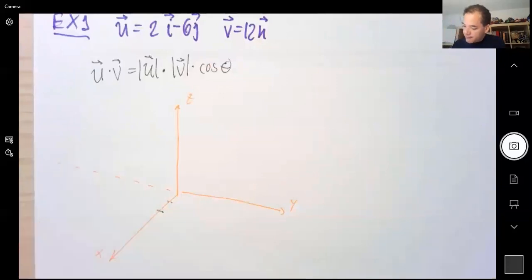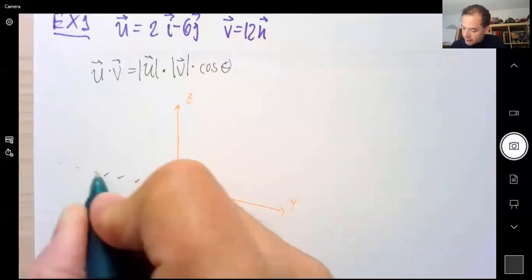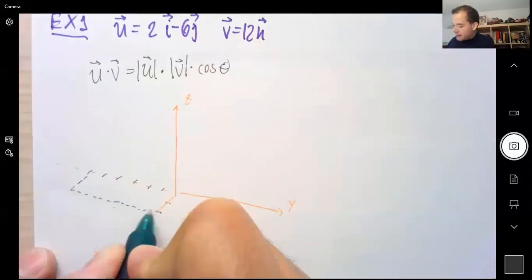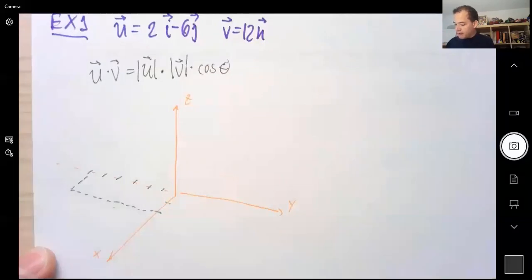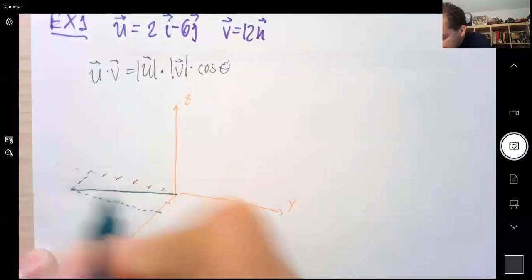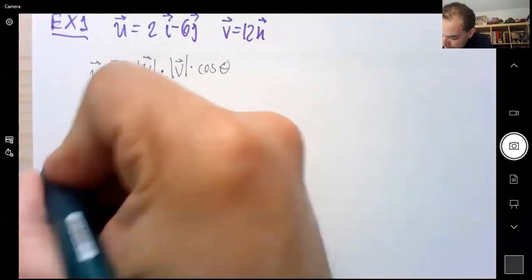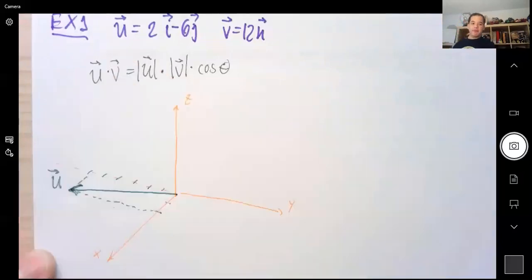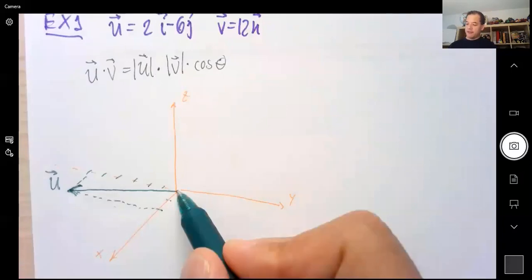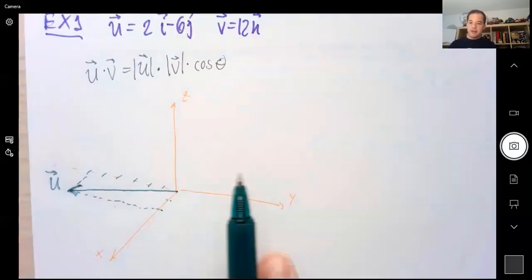So that would be 1, 2, 3, 4, 5, 6. And then you see where they intersect, and that is going to be my vector. So this is the vector U. All right, so that's U, 2, -6, and no height, nothing on the Z.